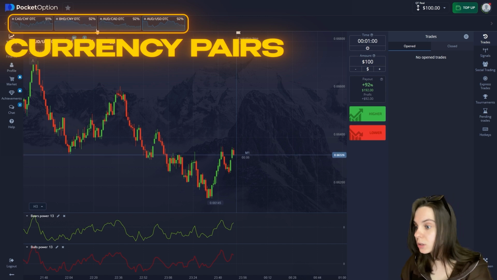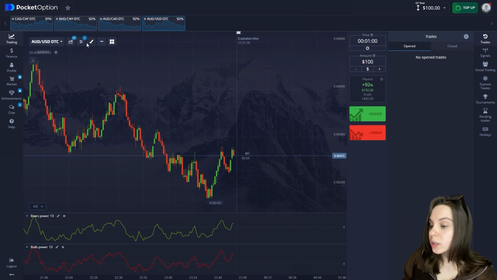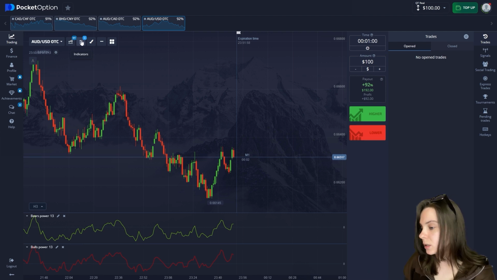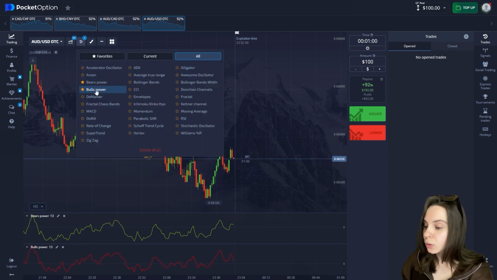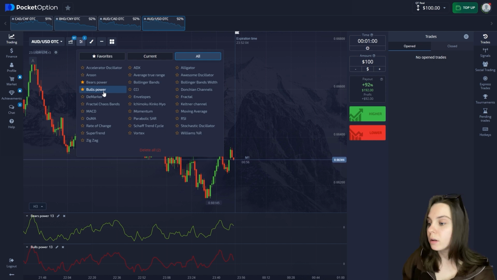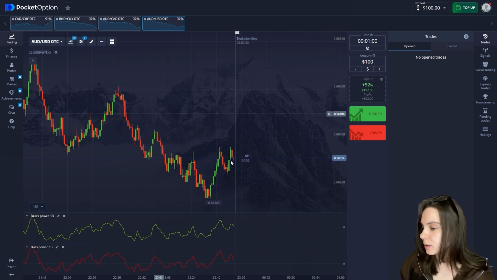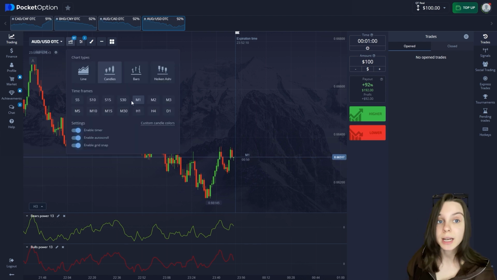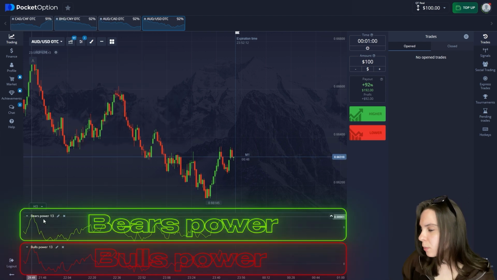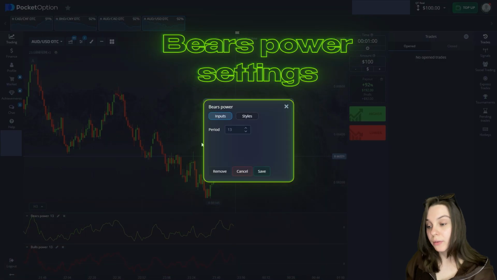You see them at the top of the screen, and accordingly, we will use two indicators. These indicators can be included in this dropdown. So this is our favorite Bears and Bulls Power. Using them, I found a slightly different trading system. Today I will show you exactly that. The time frame of our chart itself is also one minute.